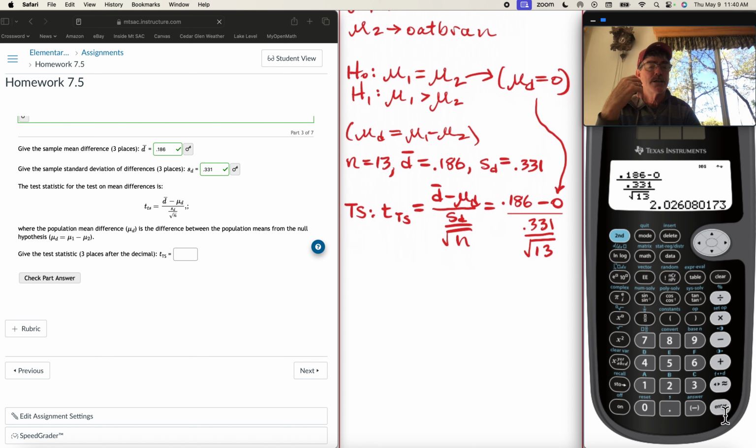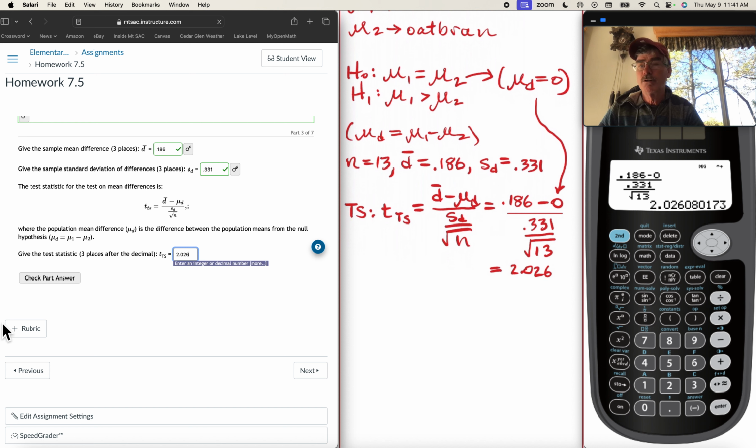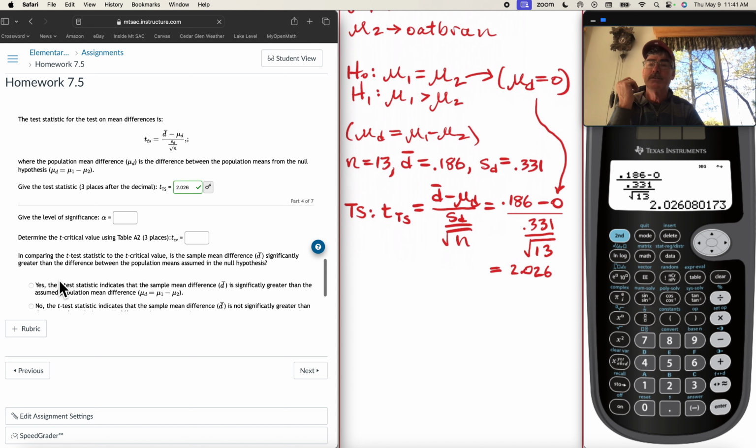Okay, so that's actually more than 2 standard deviations different from 0. So that may be significant. 2.026, or may not, I don't know. Depends on the level of significance when it's this close. Okay, so we'll see how that goes. All right, so we'll put that in here. 2.026, they want 3 places. Okay, check it. Okay, so that looks good.